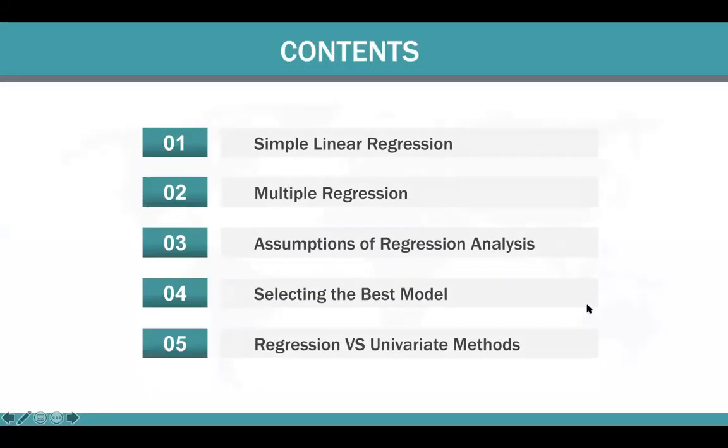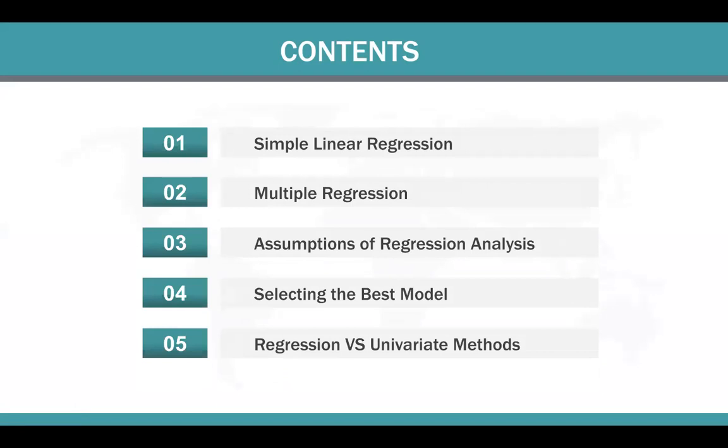So today we are going to talk about 5 points. The first point is about simple linear regression. We will give some introduction about what simple linear regression is and how we should interpret it. The second one, we will talk about a more complex version, which is called multiple regression.